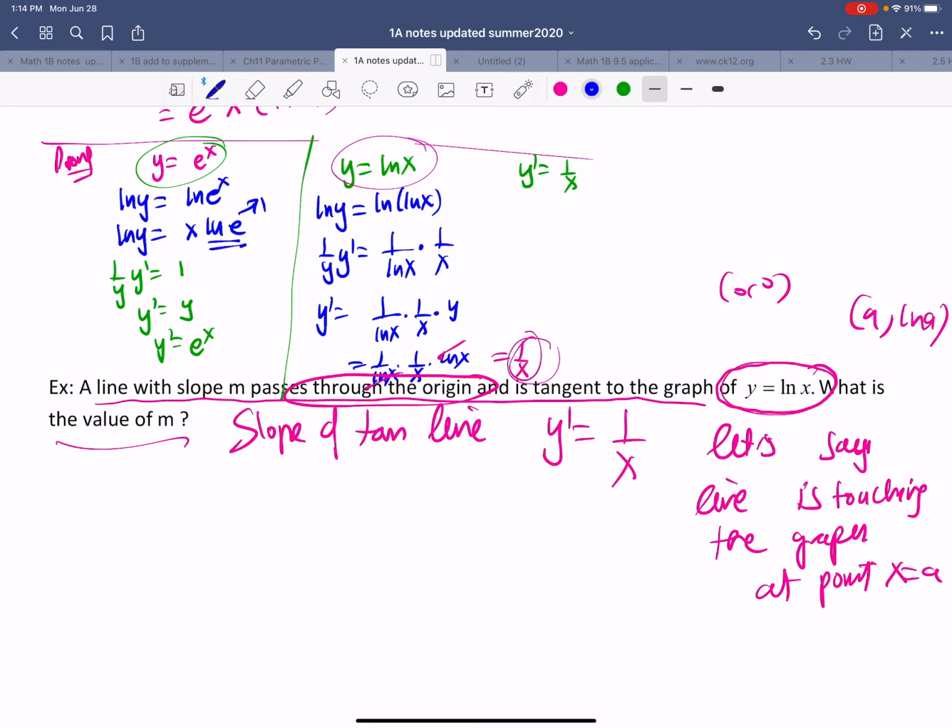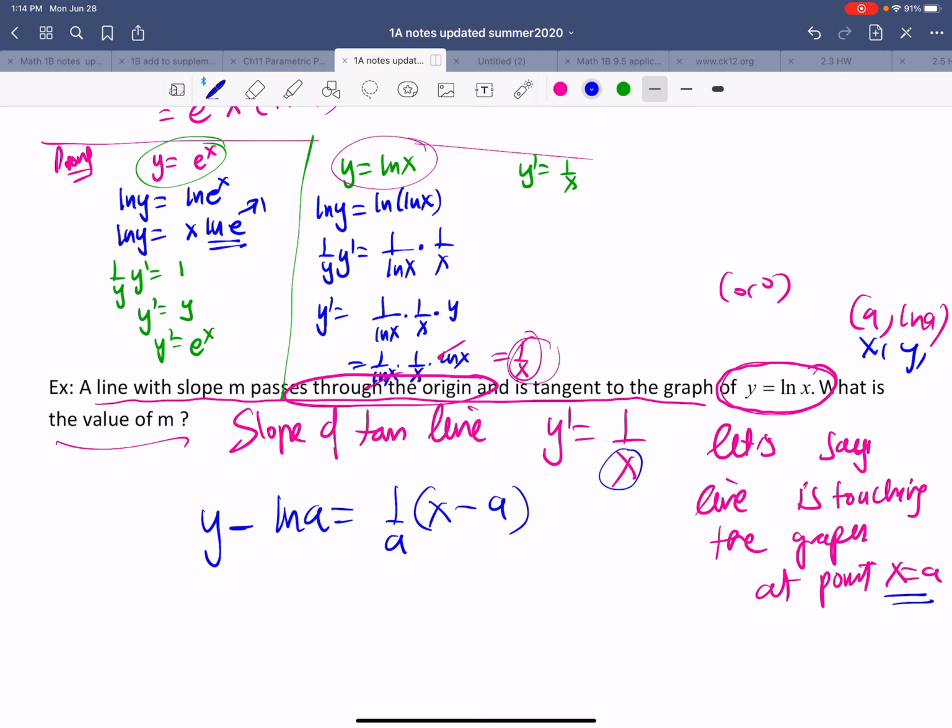That's going to be the point on the line, x1, y1. So we write the equation of the tangent line: y minus y1, where y1 is natural log of a, is equal to m times (x minus x1). M is the slope at that point. When x is equal to a, the slope would be 1 over a, so y minus natural log of a equals 1 over a times (x minus a).